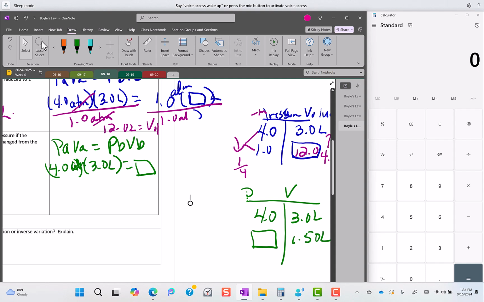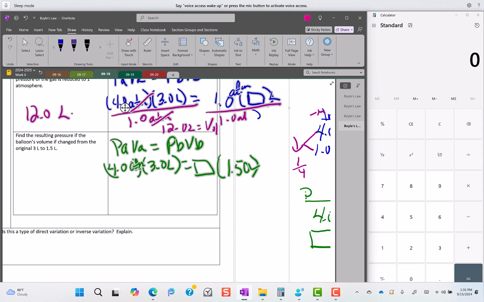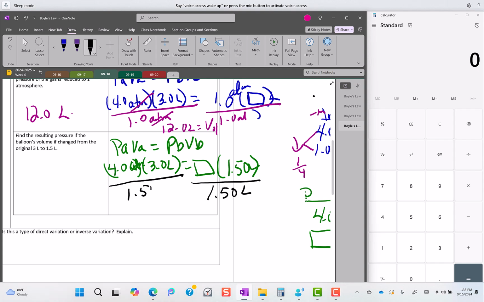We don't know what our new pressure is, but we do know that we have 1.50 liters. We are going to divide by 1.5 liters to get the unknown by itself.